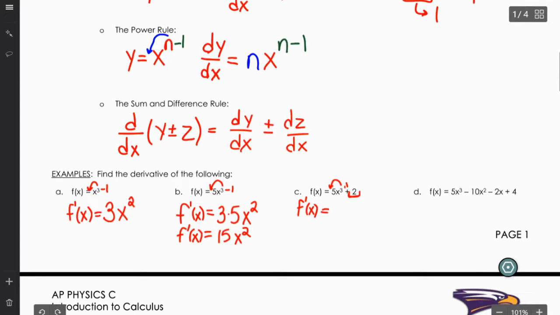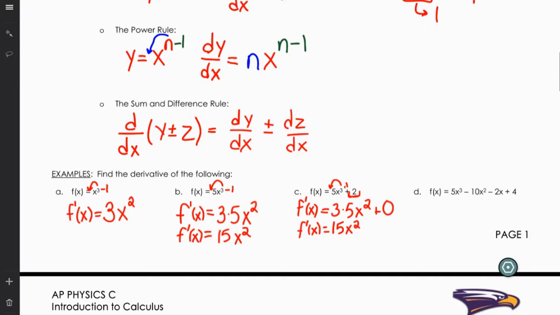So we have 3 times 5 times x squared plus 0, and now we can simplify this. So it ends up being 15x squared. So you can see that B and C, although the functions are different, 5x cubed and 5x cubed plus 2, have the same derivative. It's because of the constant.